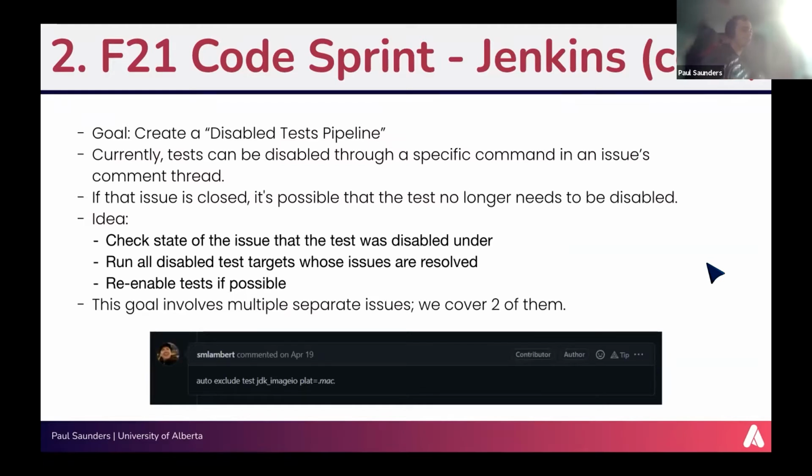If an issue, for instance, says, hey, we have a failure on this particular test on this particular operating system, then you can see on the bottom, if you do this auto exclude and then list a test, it'll go into the GitHub repository and change the XML files, which disables that particular test. And it'll link back to this issue and say this is the issue where it was disabled, which is cool that you can just disable a test like that.